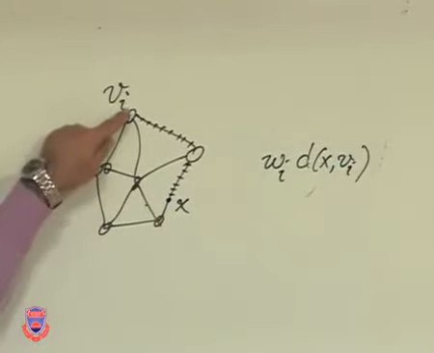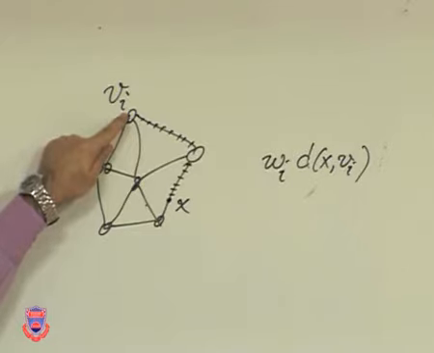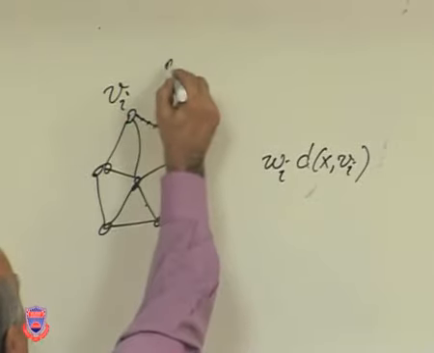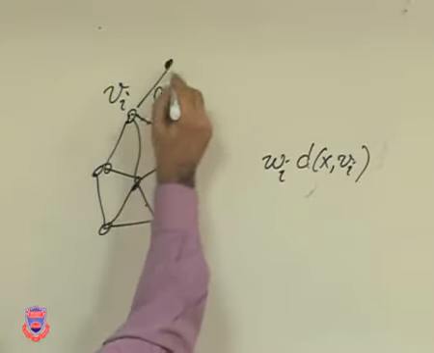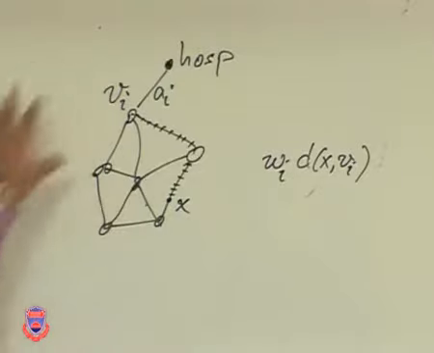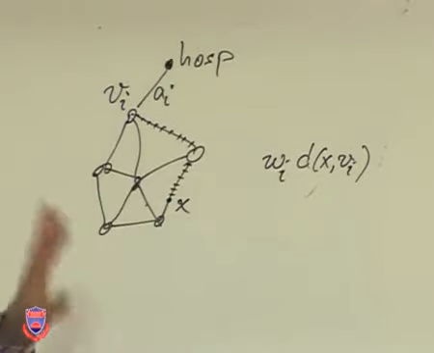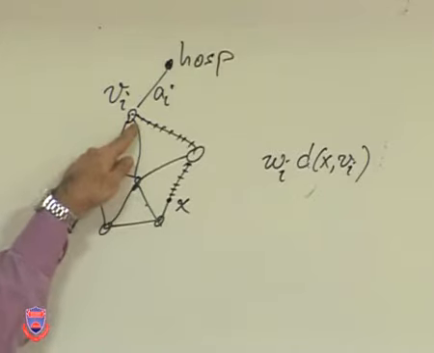But then once you get to the vertex, you need to take the victim or the patient to a closest hospital. Now the closest hospital might be somewhere here, and there's a fixed distance to get from that vi to the closest hospital. Of course, there may be more than one hospital all over the place. We're not doing anything with respect to the hospitals. Nevertheless, once you get to the point where the service is needed, just getting there is not enough.